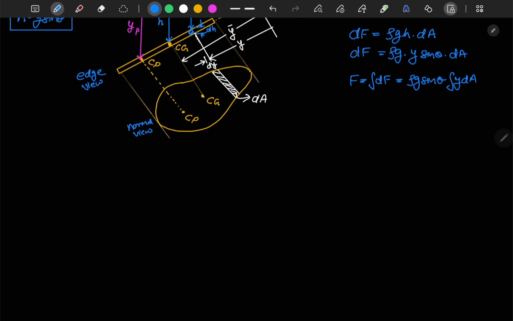So I can write F is equal to rho g sine theta times y bar times A, or A times y bar.